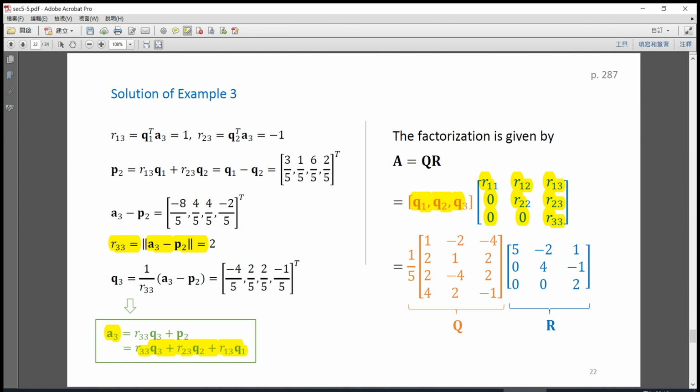After we substitute the values of q1, q2, q3 into Q, and substitute the values of r11, r12 up to r33 into R, we obtain the QR factorization of matrix A.